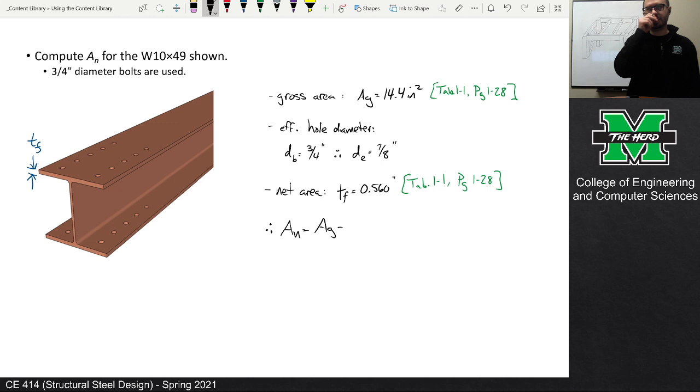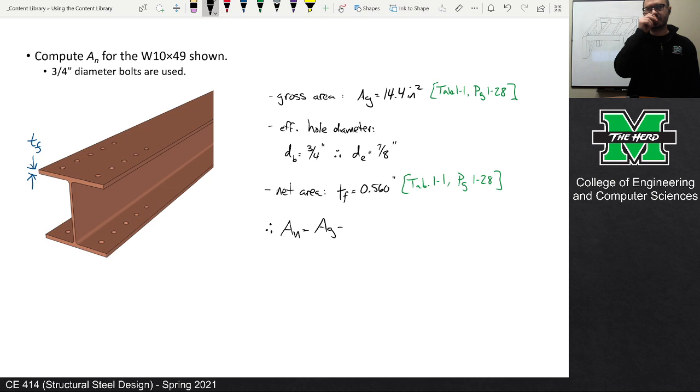What you're going to see is 4 rectangles like this: 4 bolts through the flange. Nothing through the web because there are no bolts through the web. If there were bolts through the web, we'd see holes like that, and we don't see that.